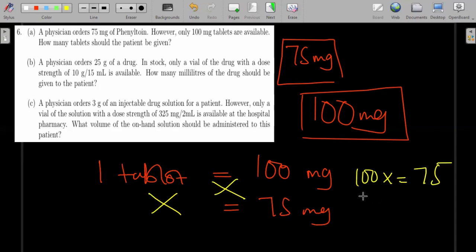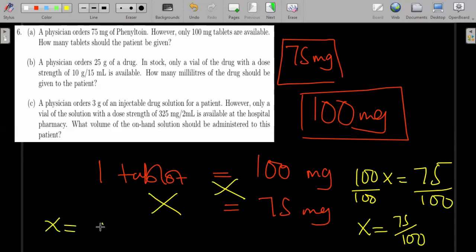I divide both sides by 100, so x is 75 over 100. We can represent this as a decimal, so x is simply 0.75. So for me to have a dose of 75 milligrams, I need 0.75 tablets. The patient should be given 0.75 tablet.